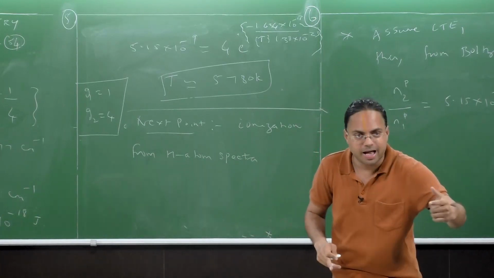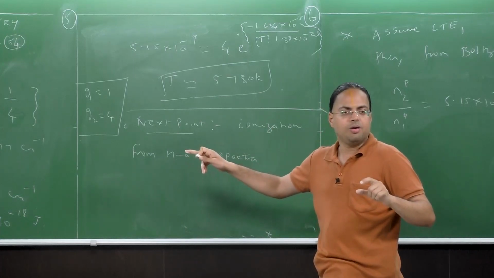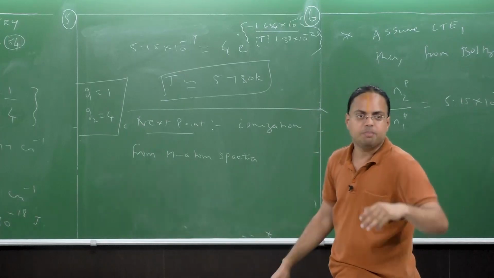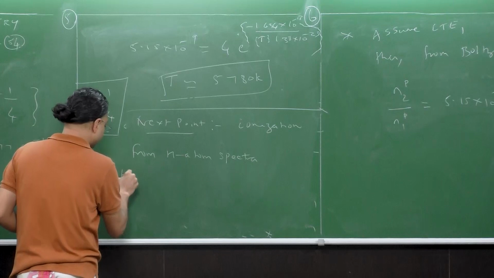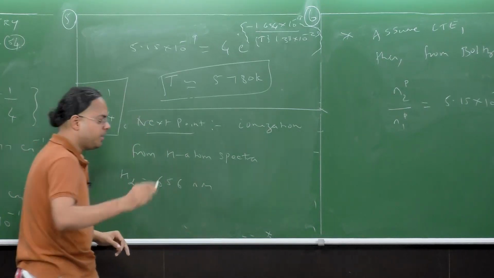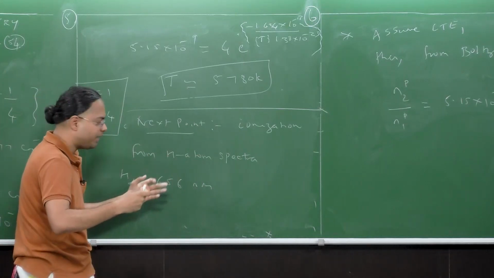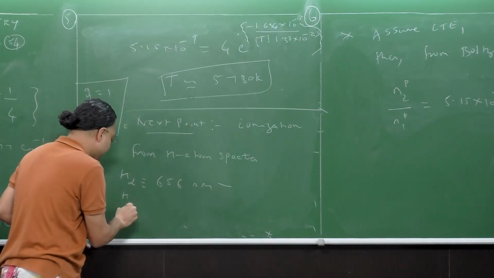Well, the answer is that we discussed the various wavelengths at which the Balmer line happens. The Balmer line starts off from your H alpha, which is around 656 nanometers, and there's a range. Now, what is the H beta?